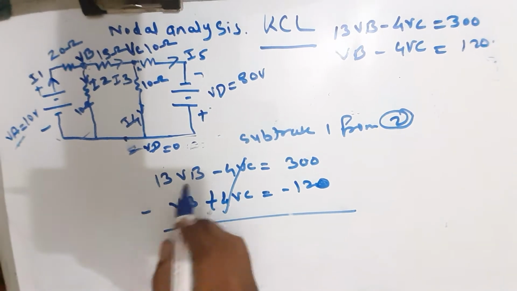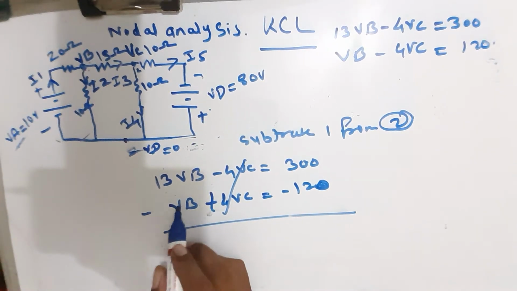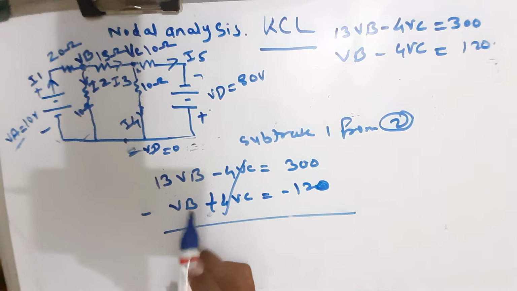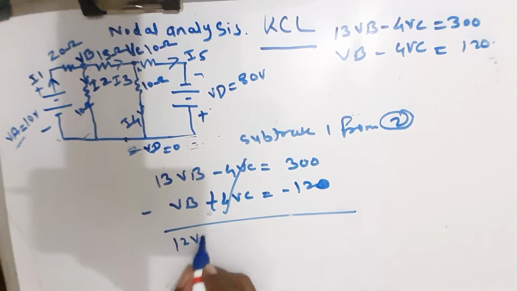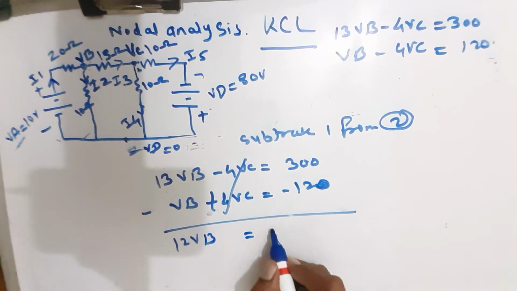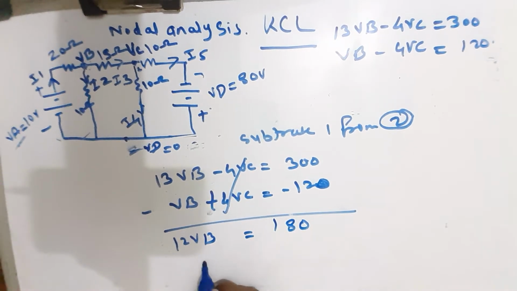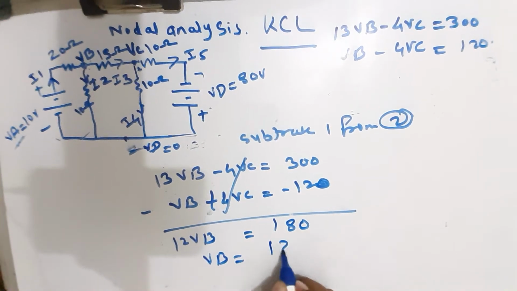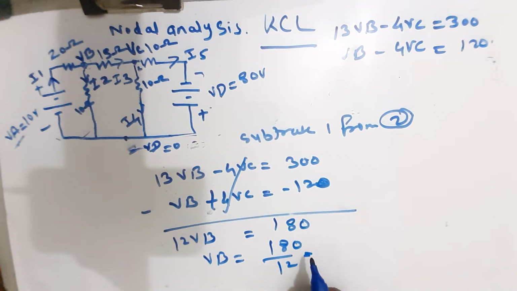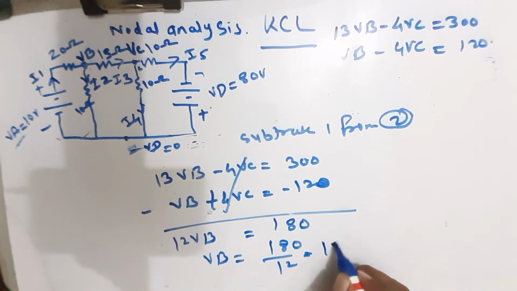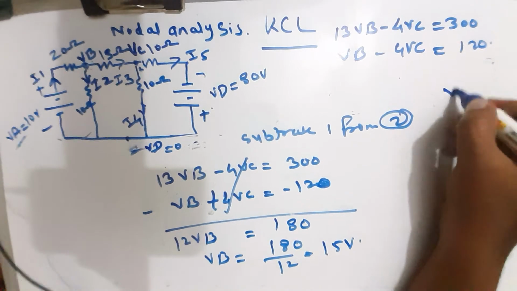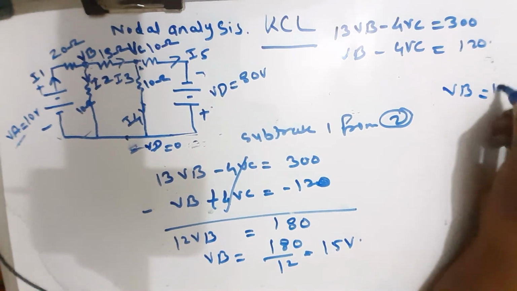You will get 300 minus 120 and 13 VB minus VB, so 12 VB equals 180. So VB equals 180 divided by 12, that comes to 15 volts. So here we will write down the result, VB equal to 15 volts.